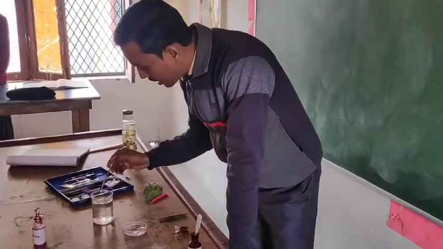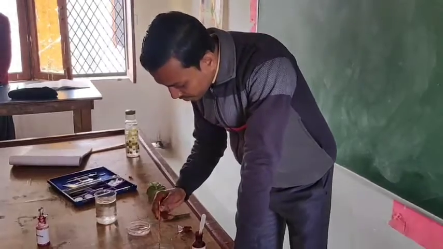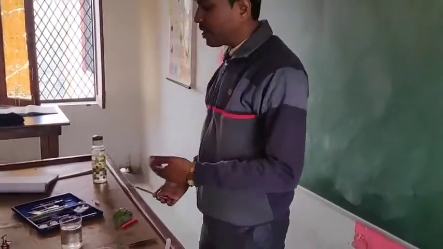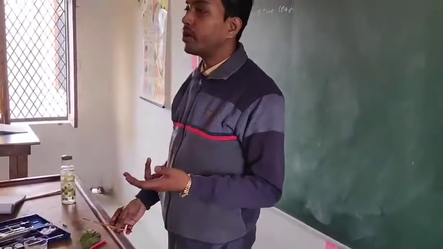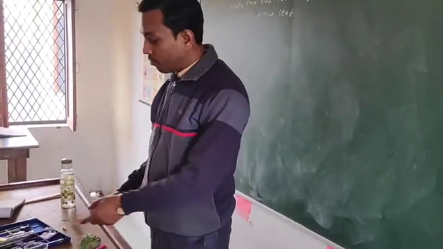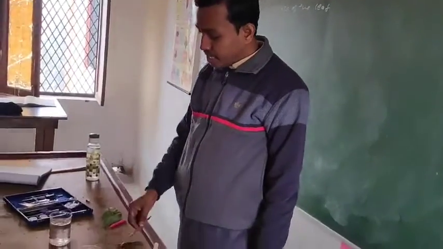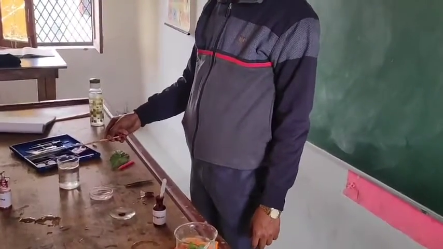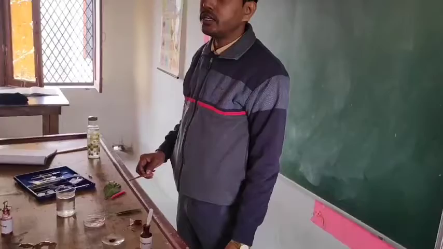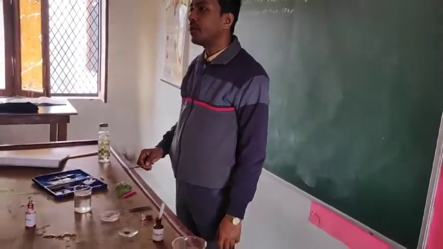You can also take help from the brush. So what is our second step? First of all, the removal of leaf peel. The second step, wash it carefully in the water, and the third step, transfer the leaf peel from the beaker of water to the safranin containing medium, and leave it for about 5 minutes.